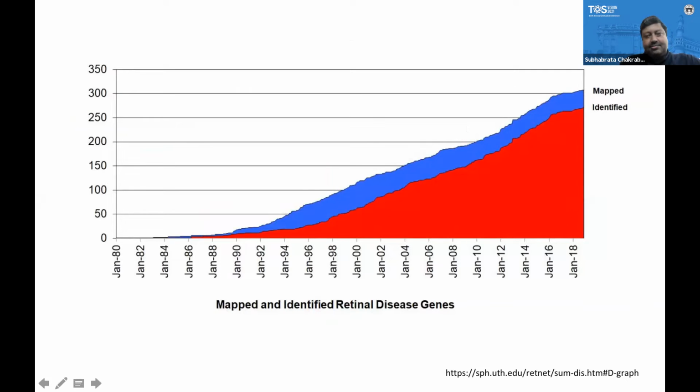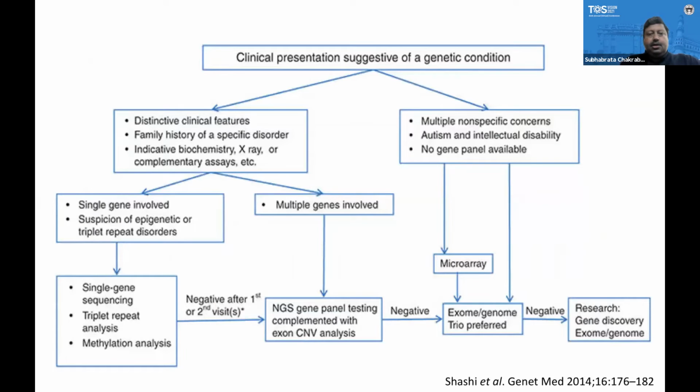When I say characterized, that means we know what the functions of those individual genes are. And that is what makes the disease very heterogeneous, both in terms of clinical manifestation as well as genetic manifestations. And the correlation becomes of utmost importance prior to initiating any form of diagnosis or therapy.